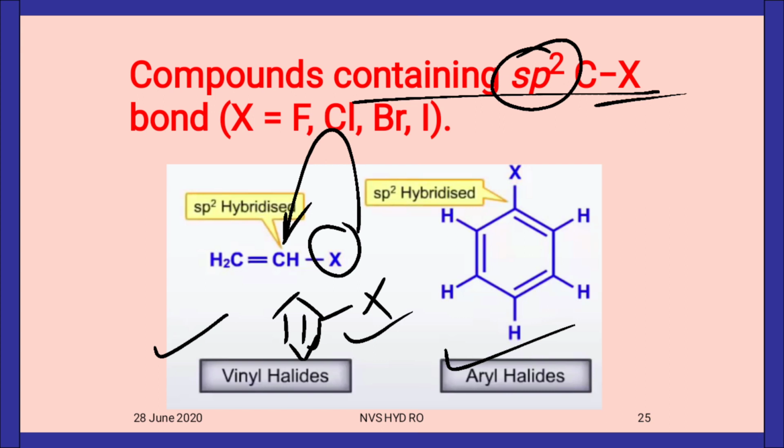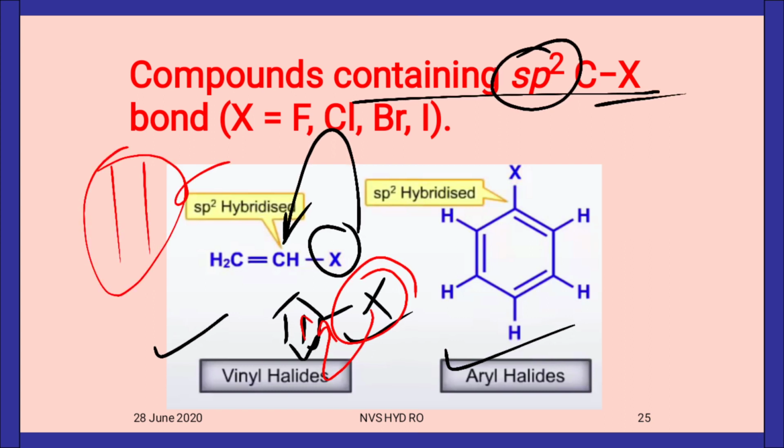Why? Because this halogen is attached to that carbon which is already having a double bond, right? Double bond का मतलब क्या होता है? एक sigma and another would be your pi. Pi means no hybridization, because hybridization is due to either lone pairs or sigma bonds, right?